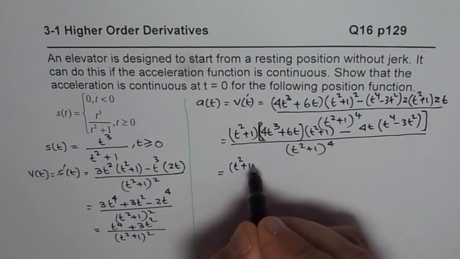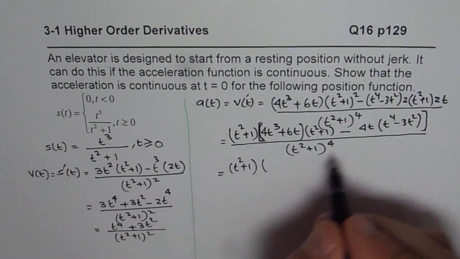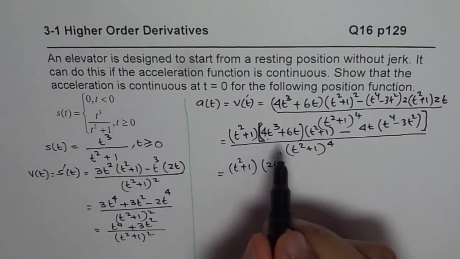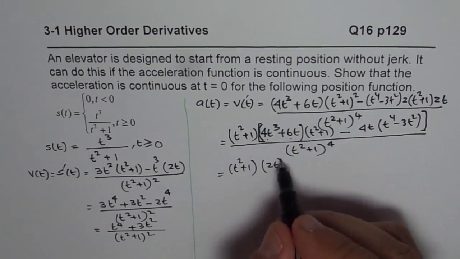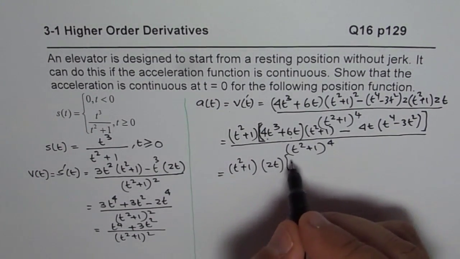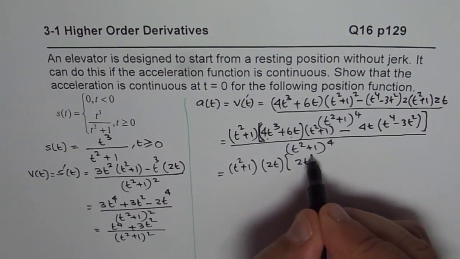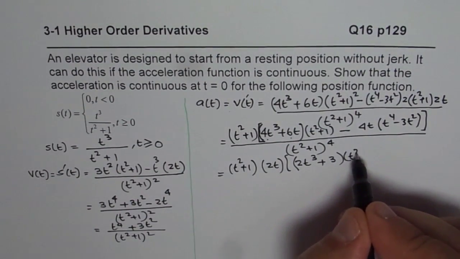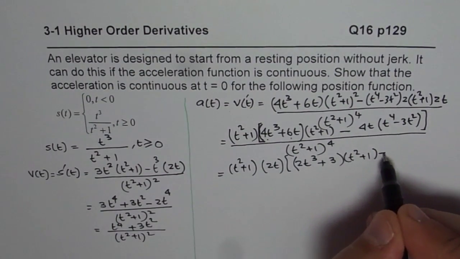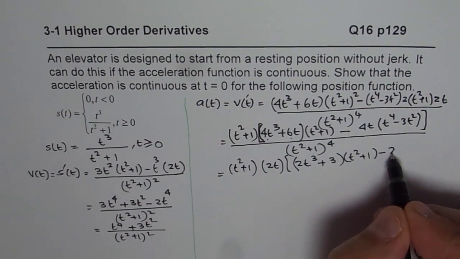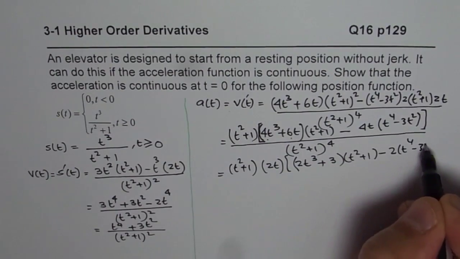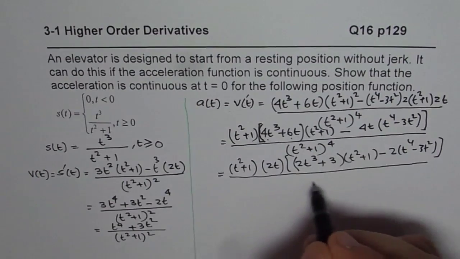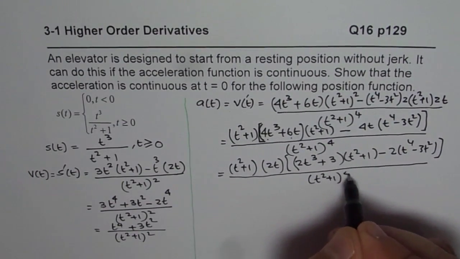Taking 2t common from the bracket, I am left with 2t cubed plus 3t times t squared plus 1, minus 2 times t to the power of 4 plus 3t squared. This is not necessary, but it helps. All over t squared plus 1 to the power of 4.